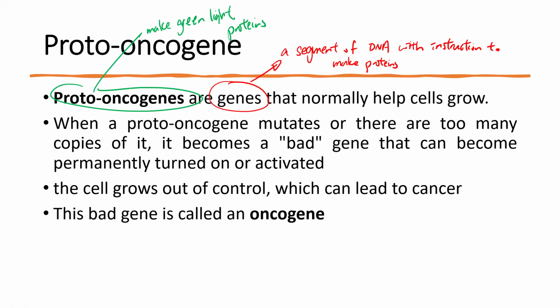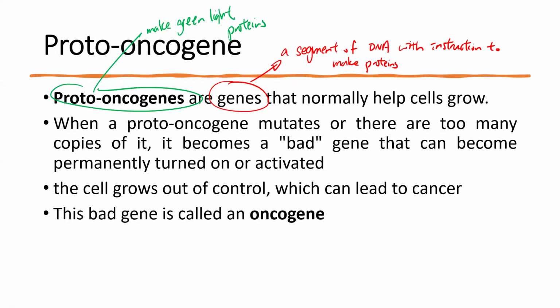And when they function normally, they help a cell grow. In a normal cell, it's a delicate balance between turning on the green and turning on the red at the right time, so the cell will divide when it needs to and stop dividing when it's not supposed to.